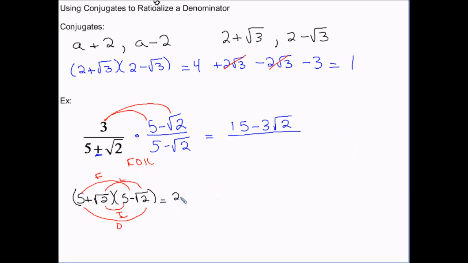And I will get 25 plus 5 times the square root of 2 minus 5 times the square root of 2 minus 2. And these will cancel. And I'll get 23. Or I can do modified.